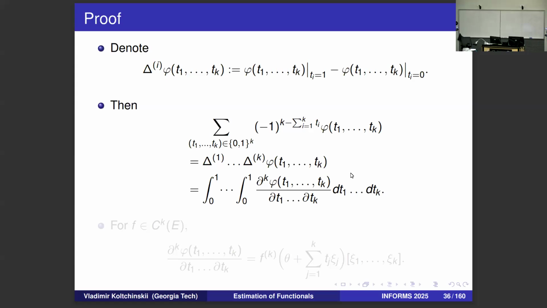I'm getting the increment along one of the sides of the cube of my function. This is this operator delta_i. Then you can easily see that the sum written here will be just the result of this discrete differentiation.